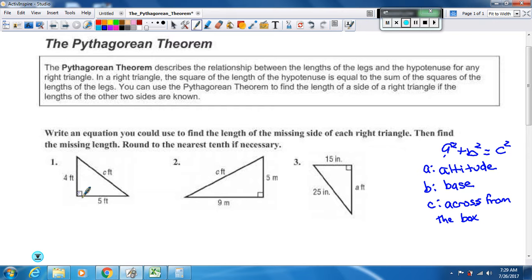So here on this first one, a squared plus b squared equals c squared. The altitude, the height of the triangle, is 4. 4 squared plus the base is 5. 5 squared equals, we don't know c, so I'll call that c squared.